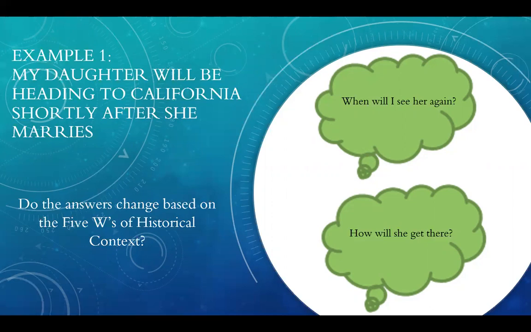How will she get there? Well, they're going to drive, they could fly, they could take the train. Back in the 1950s, that would have been more common, taking a train. All right, let's go back to 1925. All right, so now when do I see her again? Okay, well, driving, the cars and the roads were practically non-existent to go across the country.